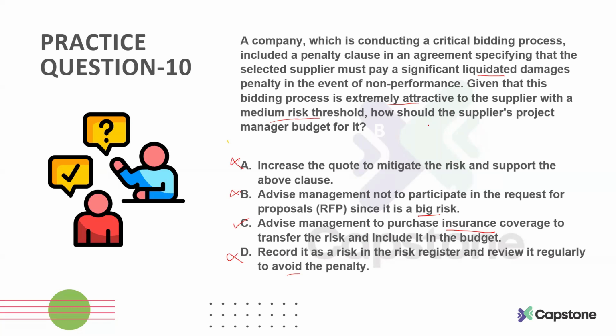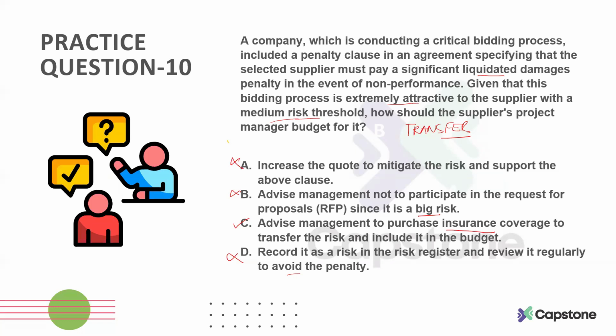This is a strategy where you transfer the responsibility of that particular risk by getting insurance. Maybe you have a fire hazard or any weather related issues that can occur. In that scenario, buying insurance, or employing this kind of strategy, we call it transfer. So C is the right choice for this particular risk. And yes, Ahmed, you are right.